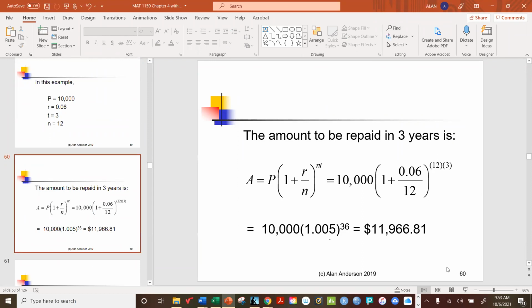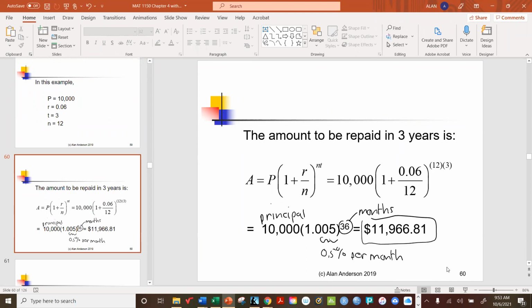This represents 0.5% per month. This represents the number of months. This, of course, is the principal. If you take out your calculator, you'll see that your balance in 36 months, or the amount you owe or have paid, is $11,966.81.